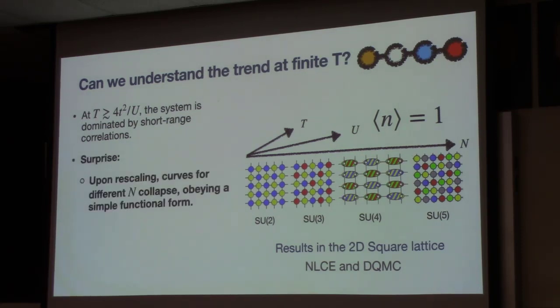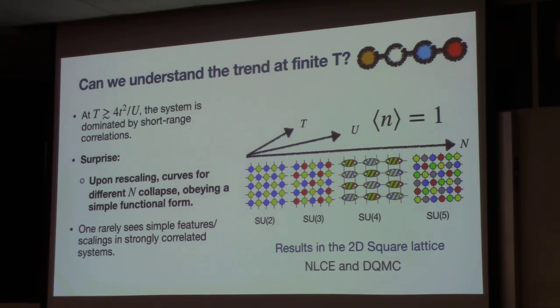But what was very surprising is that when we rescale some of these quantities, curves for different n obey a simple functional form. And that is very surprising, because one rarely sees these types of simple features or scalings in strongly correlated systems.